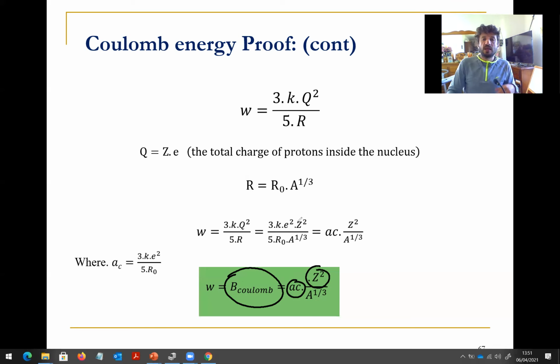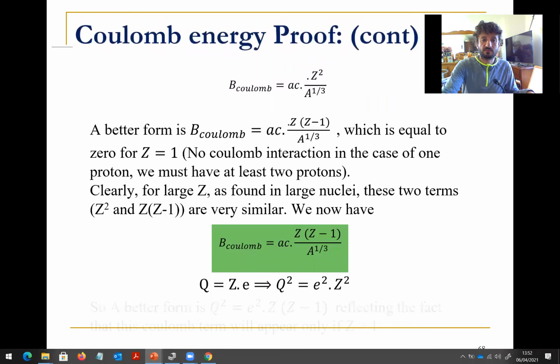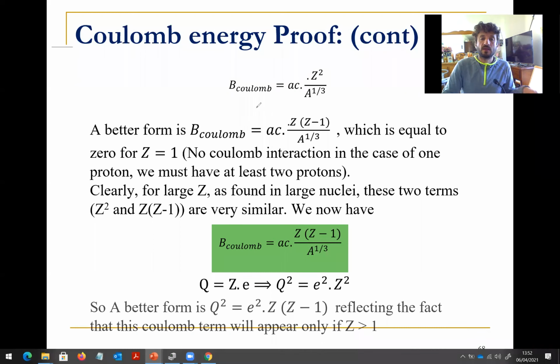Here I will do some simplification, okay? Because if you have Z equals 1, in the case of one proton, we don't have any effect of the Coulomb term. It must be equal to 0. So we can write this term B Coulomb equals AC Z squared divided by A power 1 over 3.